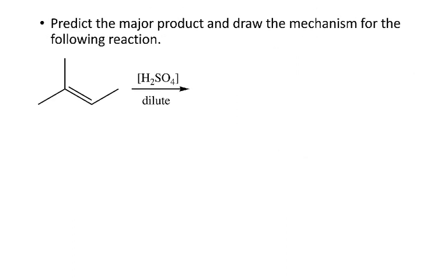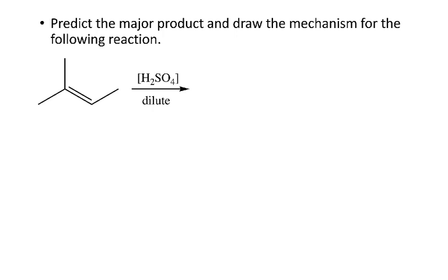All right, so in this case, we want to predict the major product and draw the mechanism for the following reaction. So I know that we're doing hydration because I have an acid to catalyze it, and then because it's a dilute acid, I know I've got water present. And so my major product is going to be with the OH on the more substituted carbon and the hydrogen on the less substituted carbon.